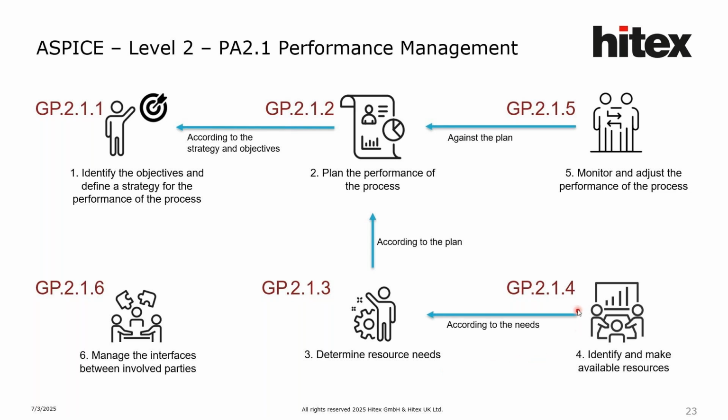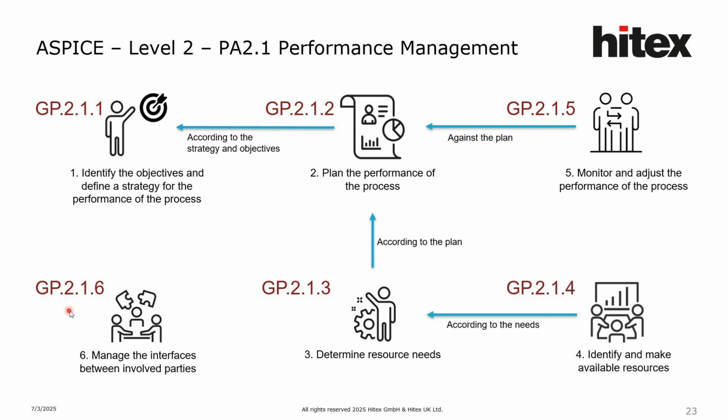And GP 2.1.4, you also ensure that the identified resources, tools, or software are available on time to achieve the goal. And 2.1.5, once you assign the resources and everything is available, you start your project, and you have to continuously monitor and adjust the performance of the process. It's all about 2.1.5.